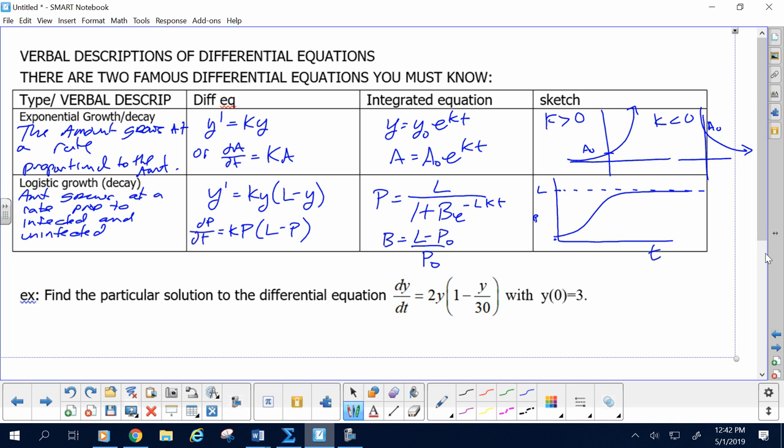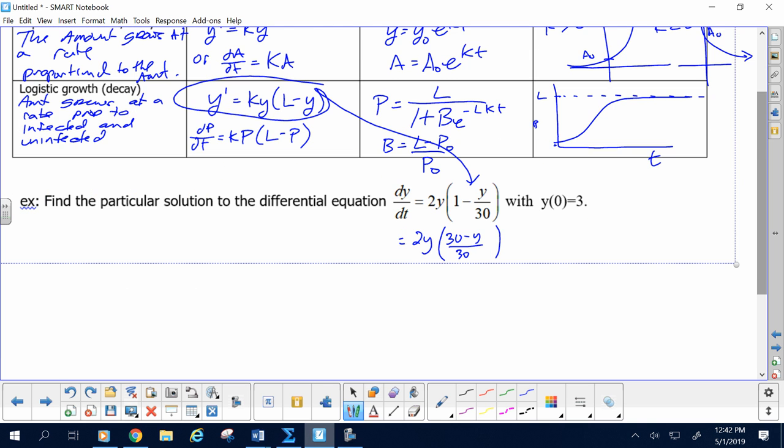So here, looking at this, is this exponential growth or logistic? It's logistic. What's the k? Actually, we're not ready to determine the k. We want to play around with this a little bit. There are two forms, and I want you to be aware of this. If I get a common denominator and bring out the 30, it's 2/30 y(30 minus y).